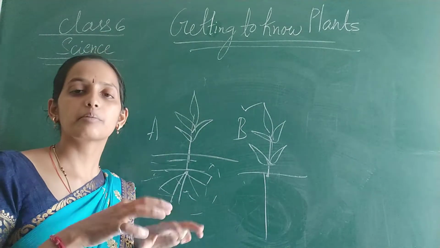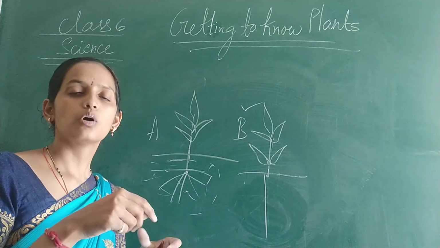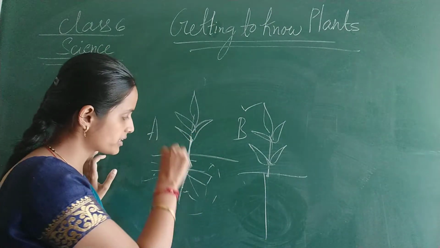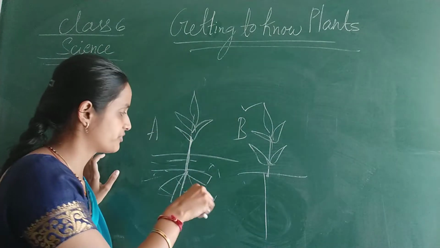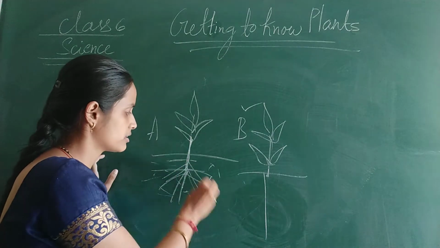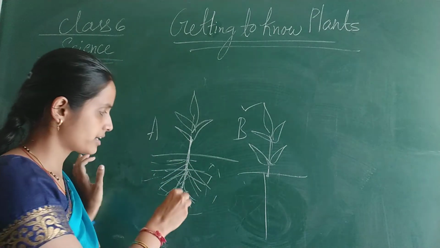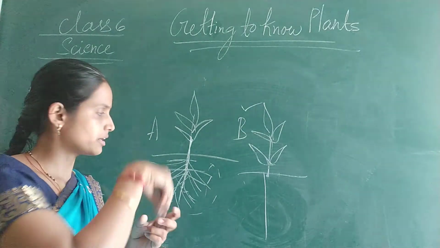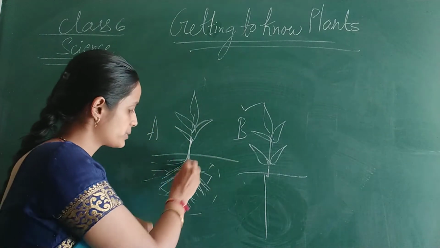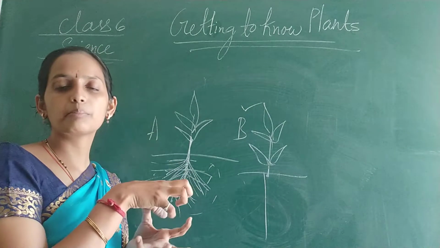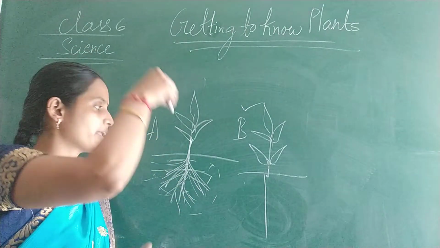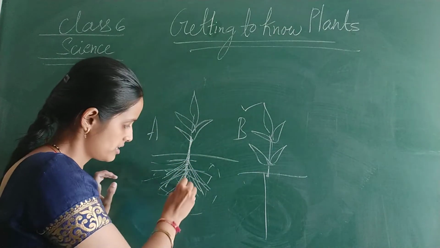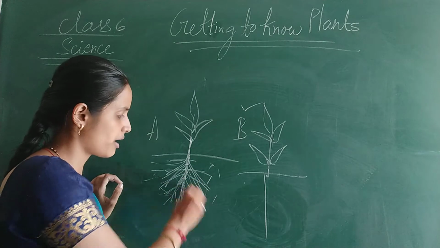Anchor means they are making the plant stand or stay stiff in the soil, placing it in a particular direction. In that direction only it has been settled and is stable. Okay. And it has been stable over this part.